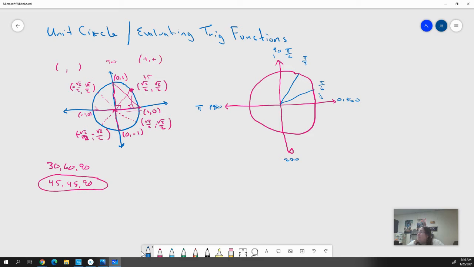I can divide it up again here. This is 3/6 of pi, or pi over 2, 1/2. 4/6 of pi, which is 2/3, right? 5/6 of pi, which is just 5/6.